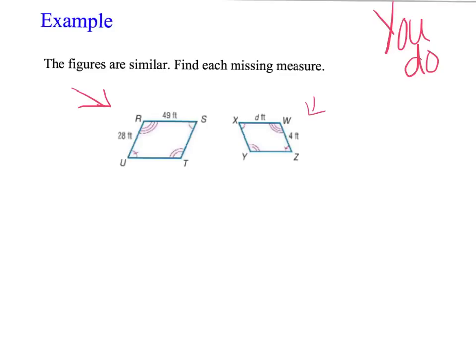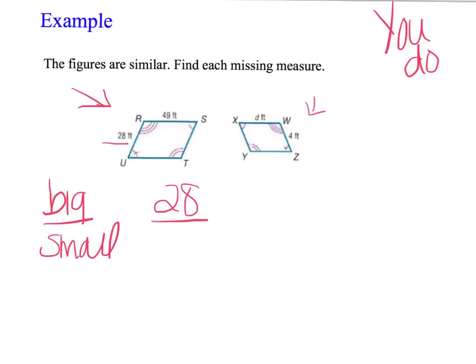So you want to look at your angles to make sure that you're setting up the exact same sides, the corresponding sides. So let's compare this from big to small. Last time we did small to big, you can do big to small. So let's look at RU here. We've got 28, and I want the side that compares to RU.